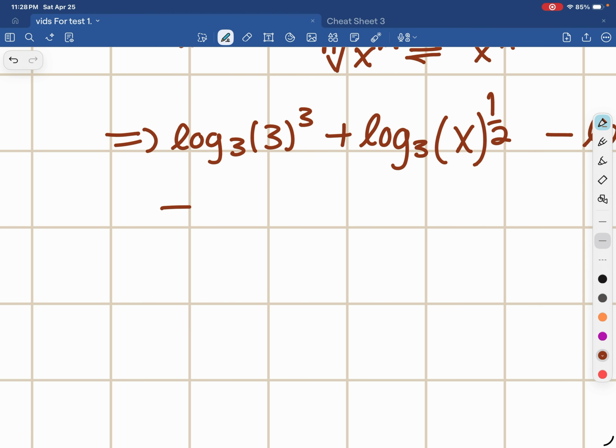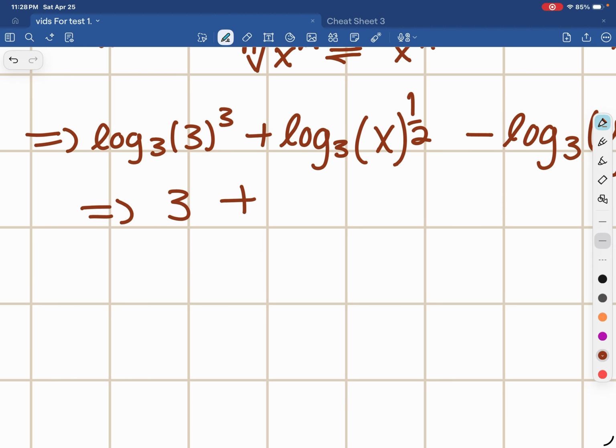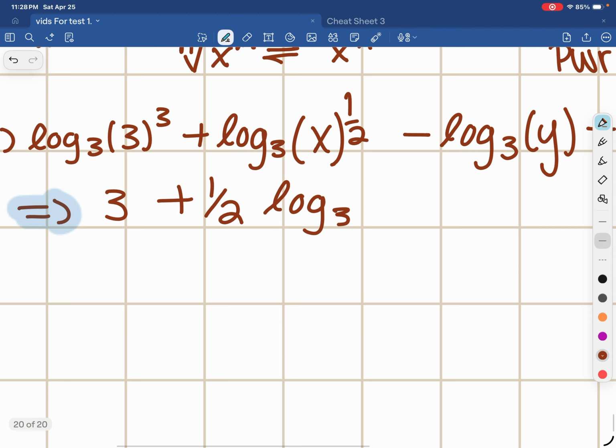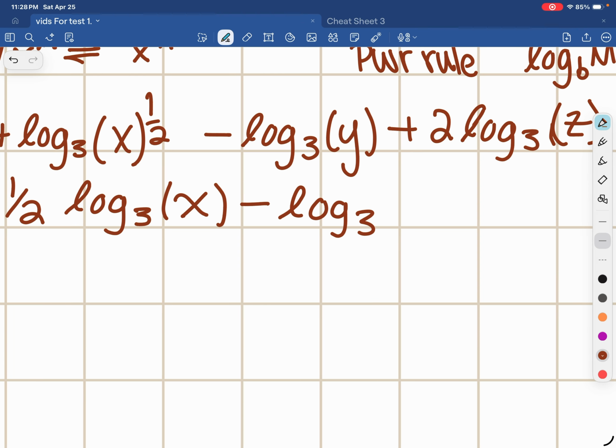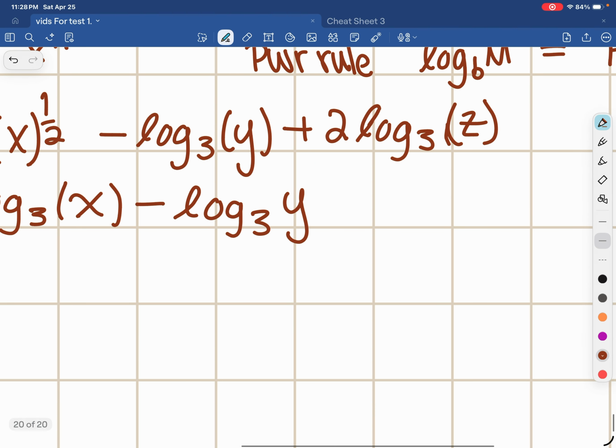So we should be left with 3 plus, using our power rule, 1/2 of log base 3 of x minus log base 3 of y.